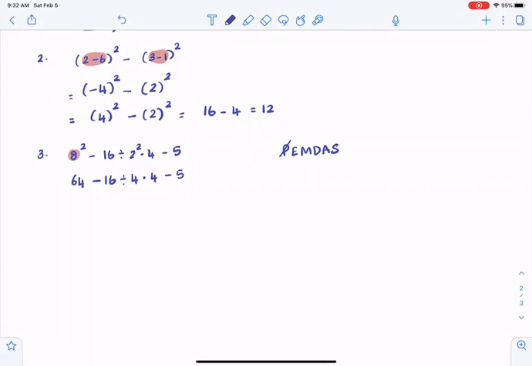Now we have division and multiplication. So we have to go from left to right. So as I go from left to right, if multiplication was first, I would do multiplication. But there is no multiplication, I just have division. So 64 minus 64 divided by 4 is 4 times 4 minus 5.